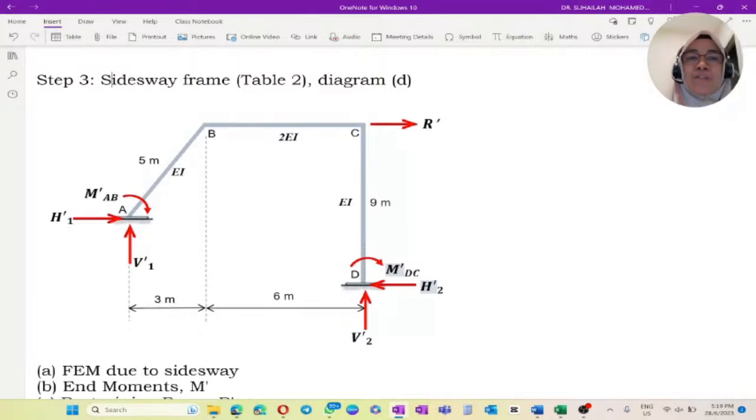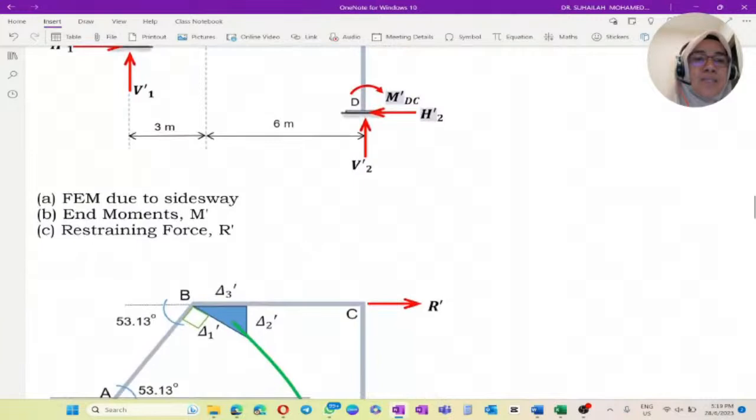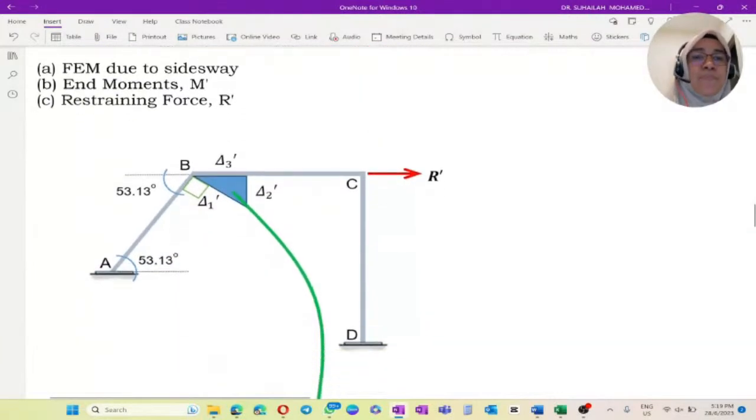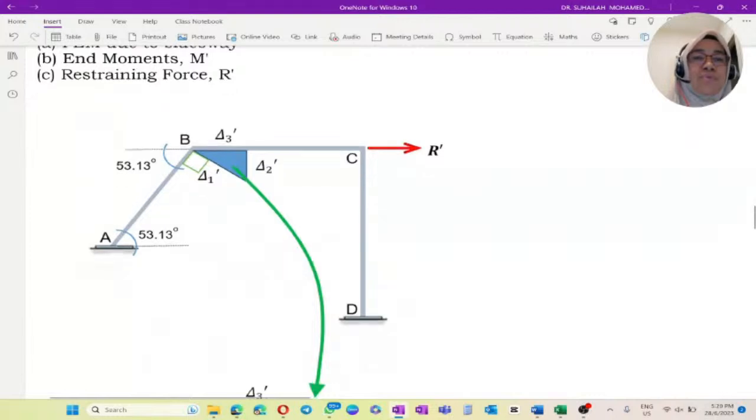In my previous video, we discussed step 3A. Step 3A is basically the FEM assumption due to side sway, where we have to identify delta 1 prime, delta 2 prime, and delta 3 prime for each member. For member AB, we use delta 1 prime.